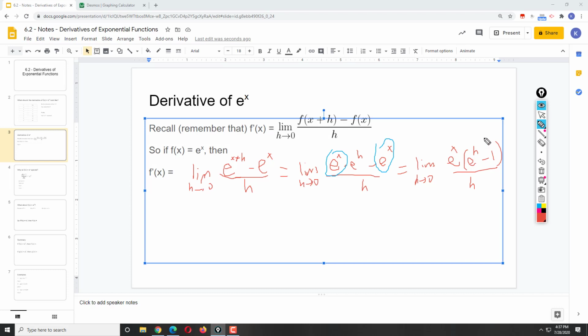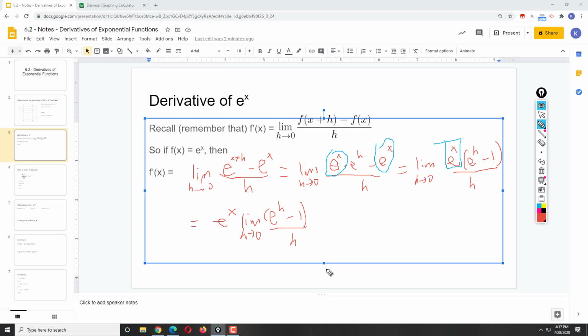Now notice that e to the x doesn't depend on h. So this is really just a constant with respect to h. When h changes, e to the x does not change. So if that's a constant, using what we know about limits, we can pull it out in front: e to the x times the limit as h approaches 0 of e to the h minus 1 over h.